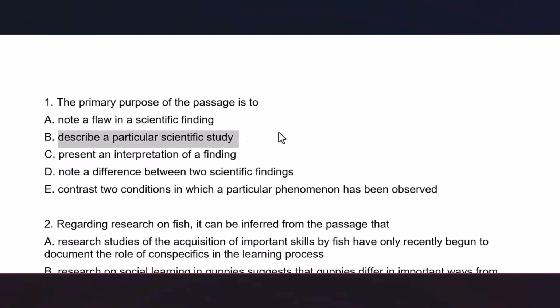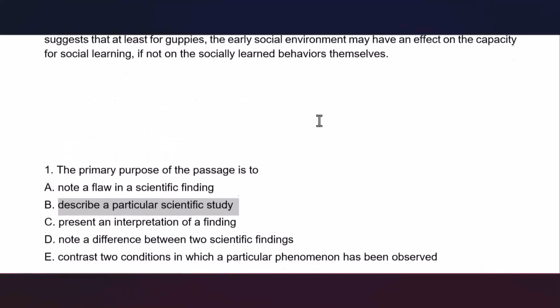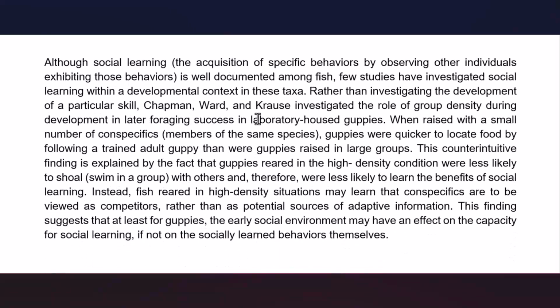Choice B, to describe a particular scientific study. Is this the primary purpose of the passage? It seems so because it is in accordance with the passage. Let us go back to the passage. You see, in the first sentence, we read that social learning is well studied among fish. However, few studies have investigated social learning within a developmental context in these taxa.